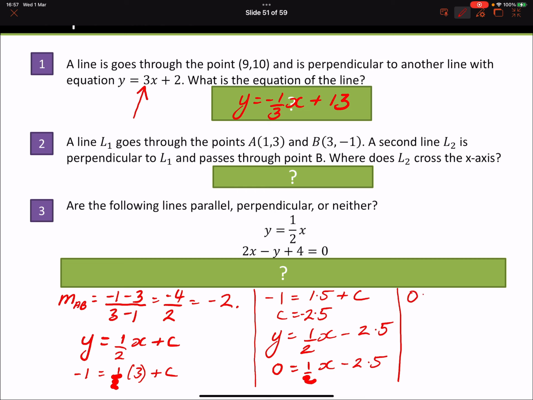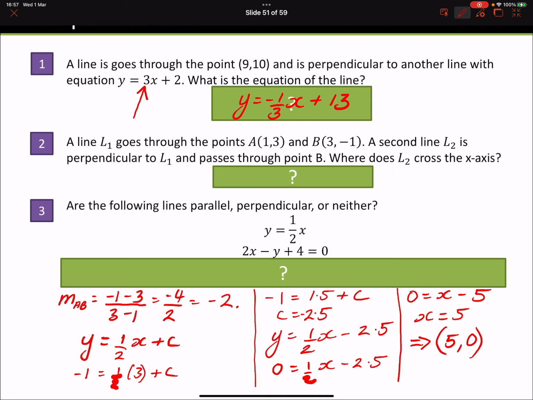So 0 equals x minus 5. There we go. So you can see that x equals 5. But again, we've now got to do something else because actually where it crosses the x-axis is a coordinate. So we've got to state down that the coordinate is 5, 0. There's quite a lot in there and it's quite difficult, okay?